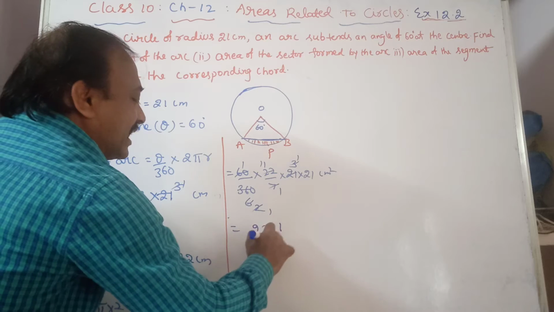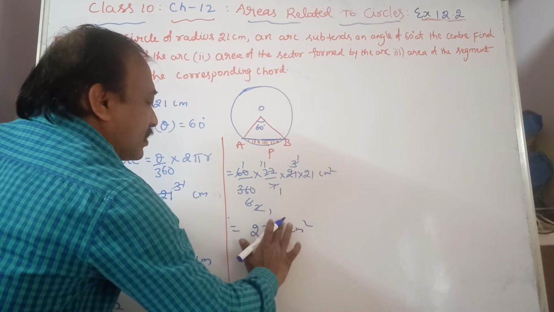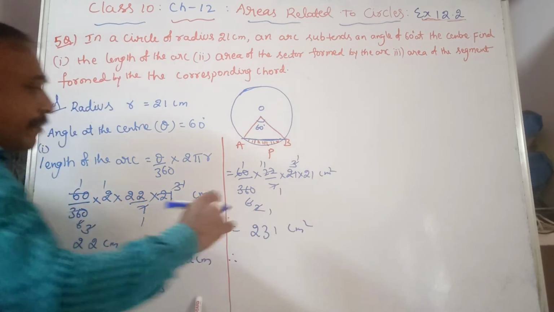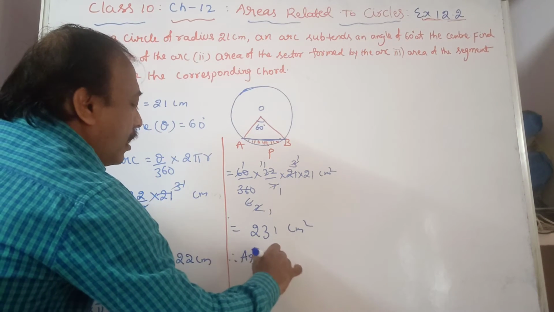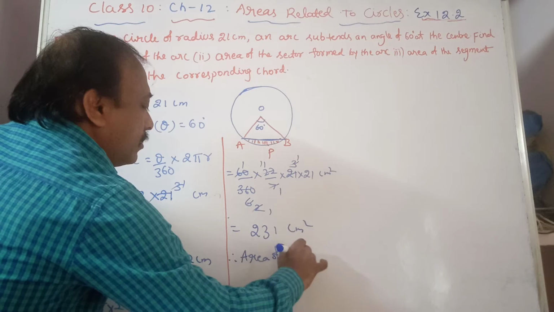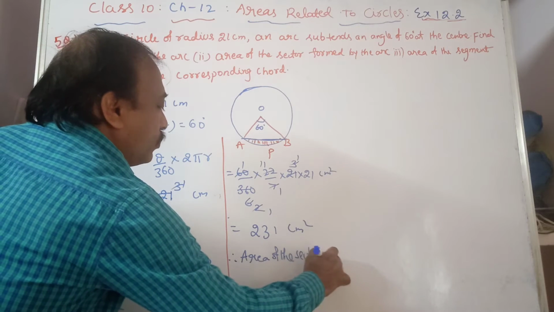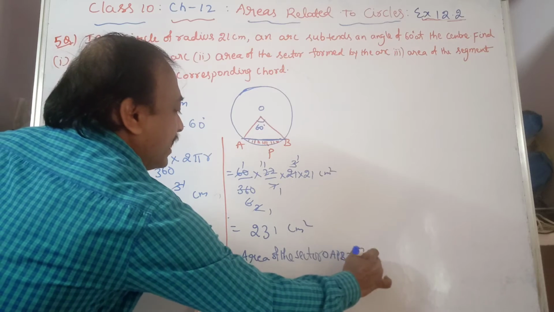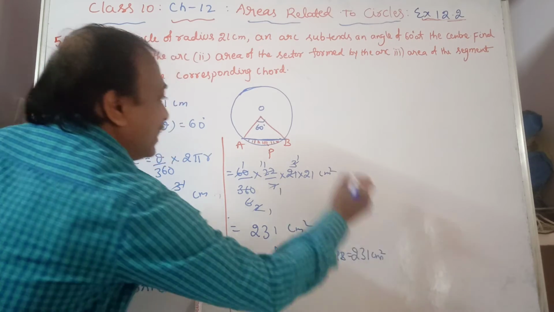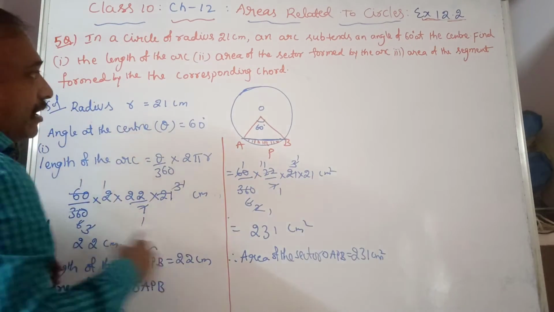So 231 centimeter square. Therefore the area of the sector OAPB is equal to 231 centimeter square. We got the area of the sector also.